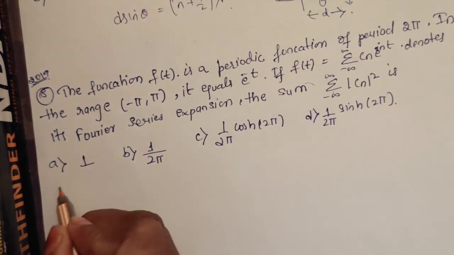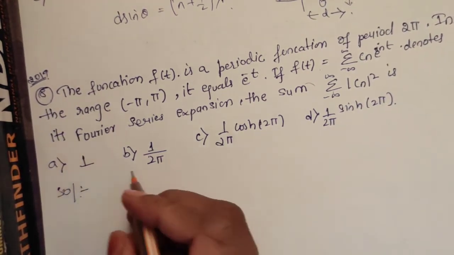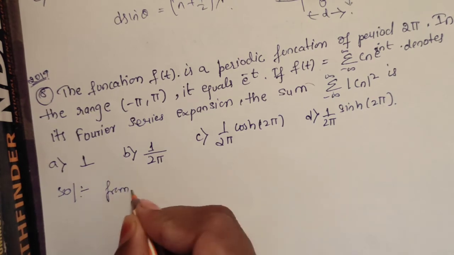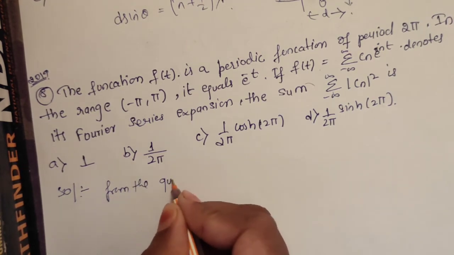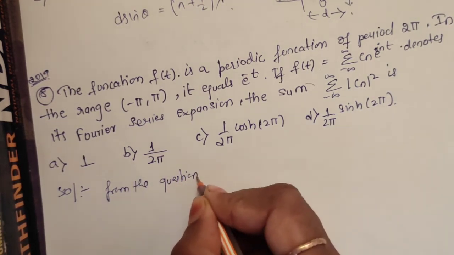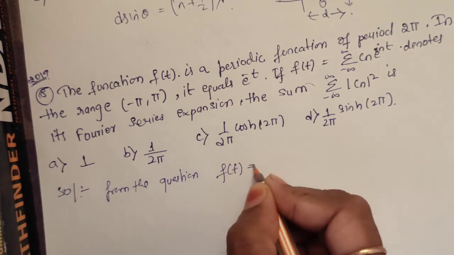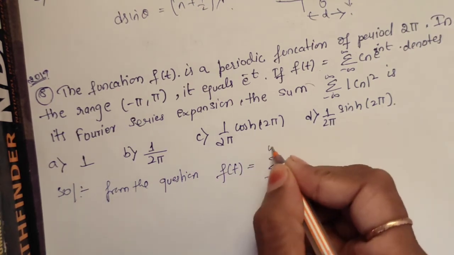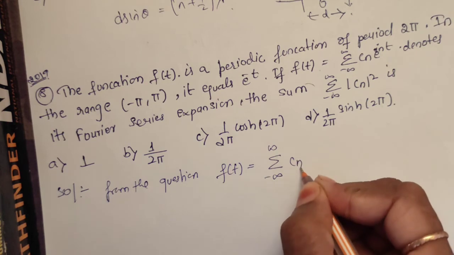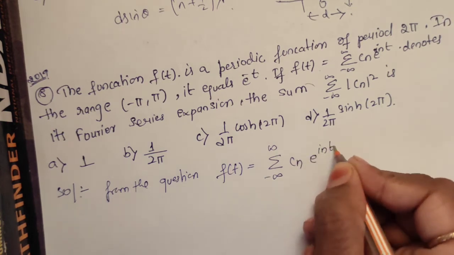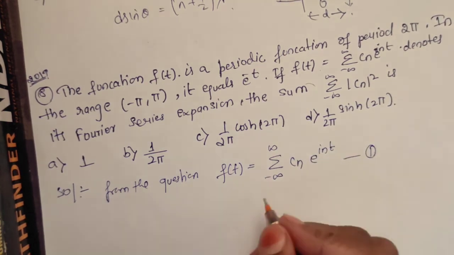So now let us solve this. From the question we have that the function f of t is summation from minus infinity to plus infinity of Cn into e to the power of i n t. This is equation number 1.